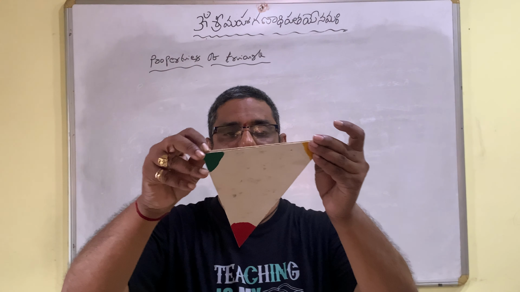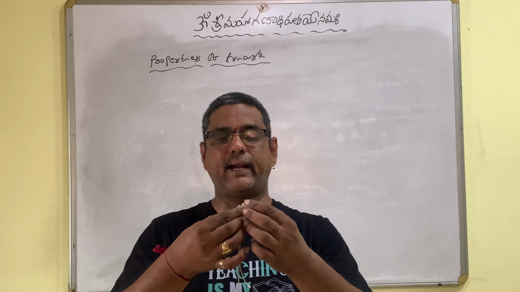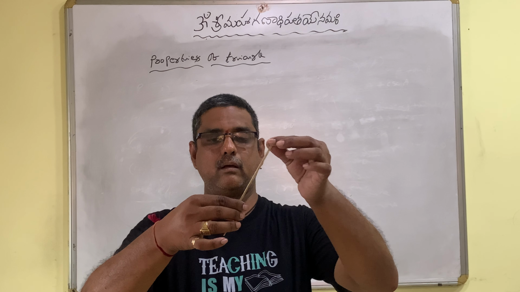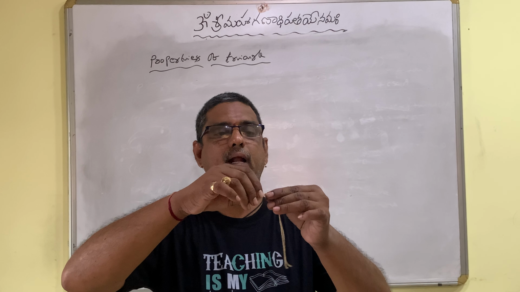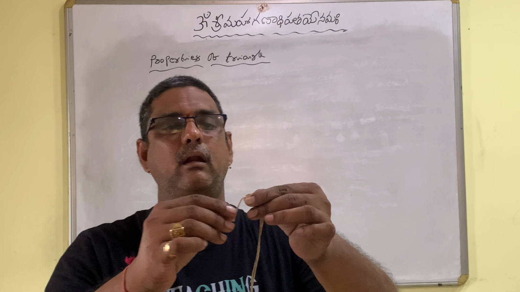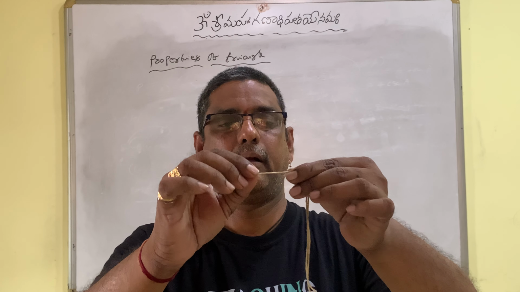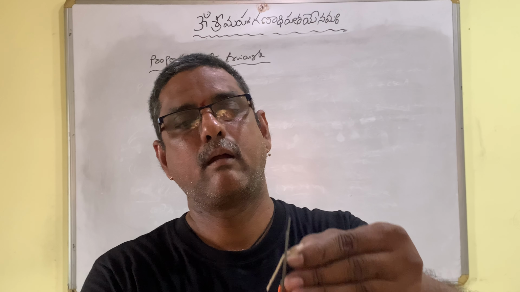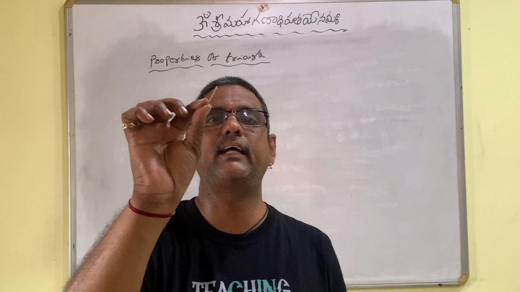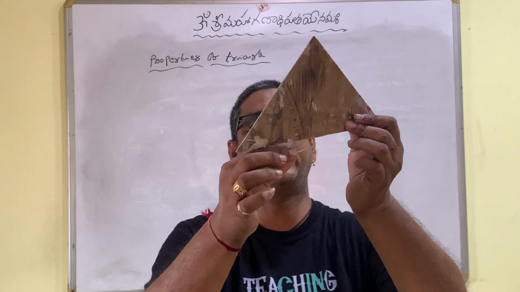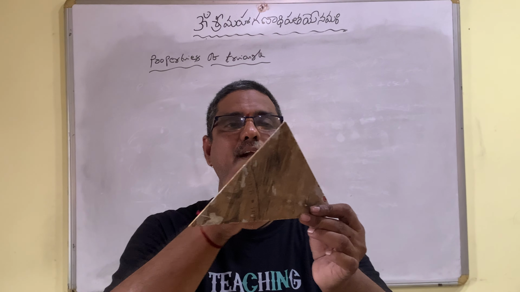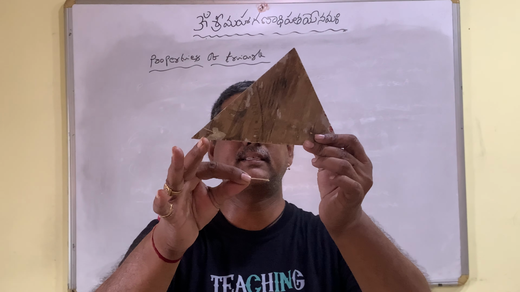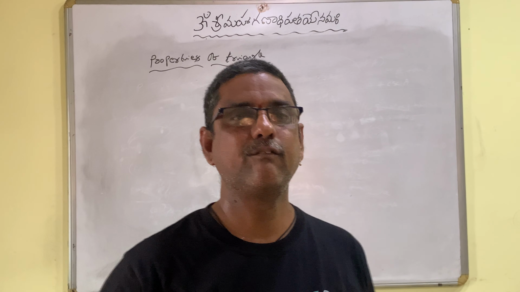Now I will compare these two threads. One of the threads is a little bit more than the second one. I am taking out that extra length. Now, this is the difference, which is less than the third side. So the difference of any two sides is less than the third side. This is the fifth property.